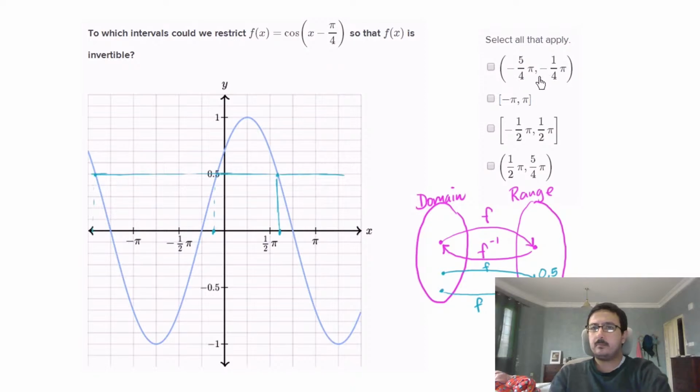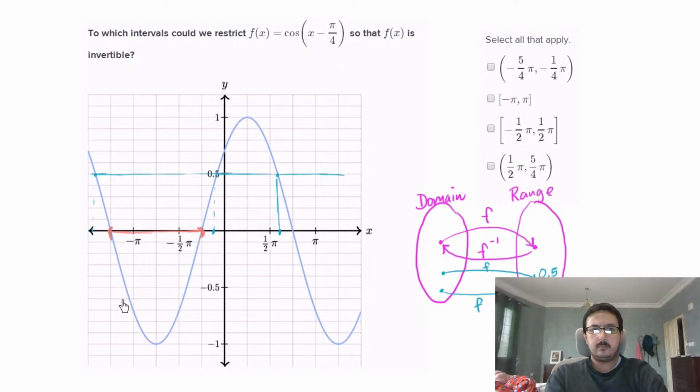So let's look at these choices. The first one is an open set from negative 5 pi over 4, so that's negative pi and another fourth of pi, starting right over here, going all the way to negative 1/4 pi. So that's this domain right over here. Let me do this in a new color. And this does not include the two endpoints.